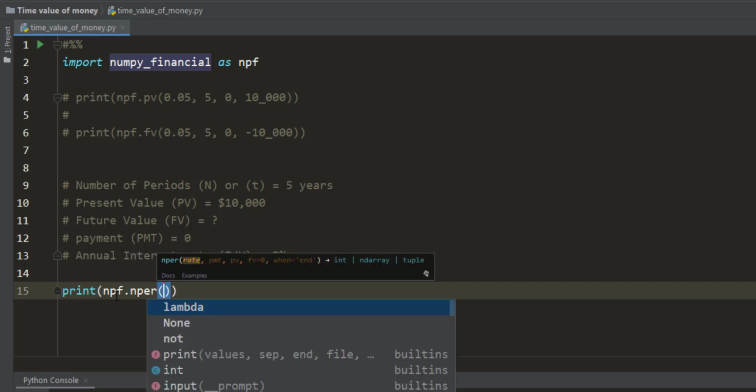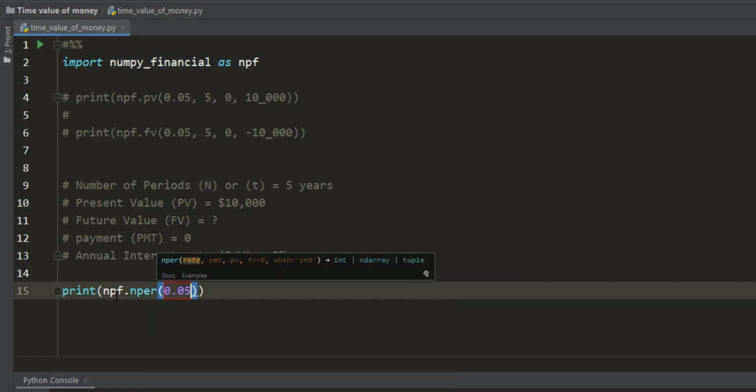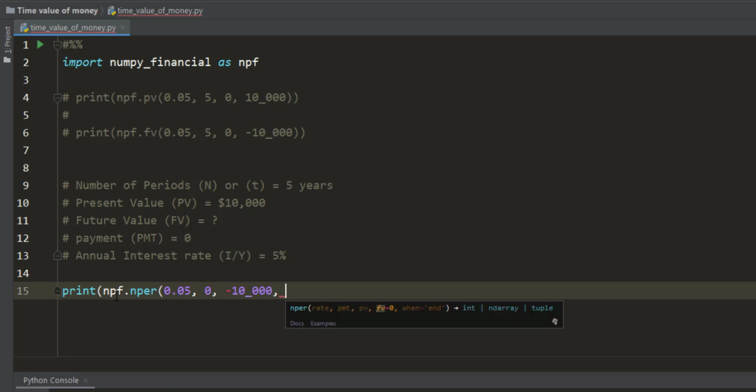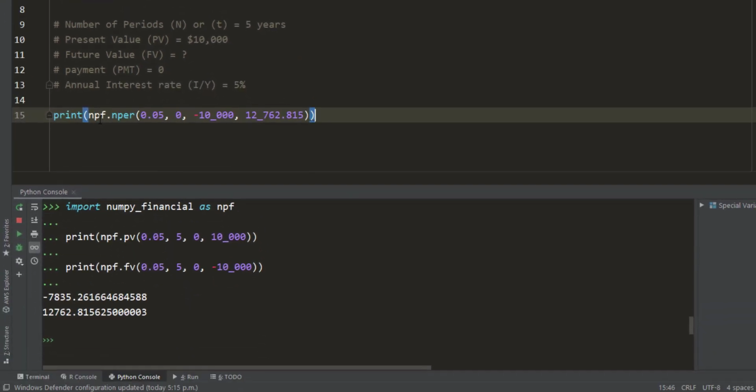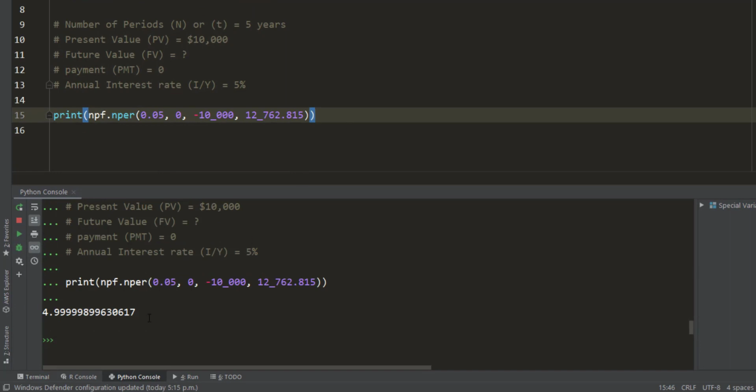As you can see here, the rate is 0.05, PMT is 0, present value is minus 10,000, and future value is 12,762.815. Okay, and let's just compute for that. As you can see, we've got exactly the same number as the question gave us, 5 years.